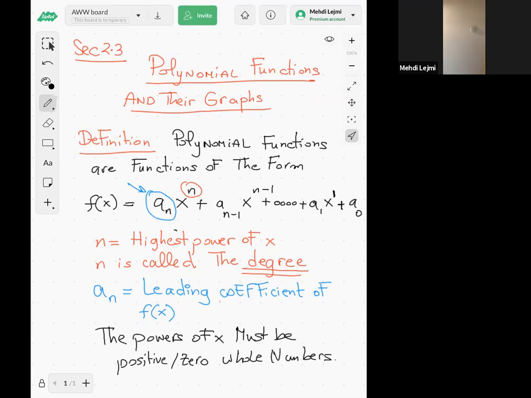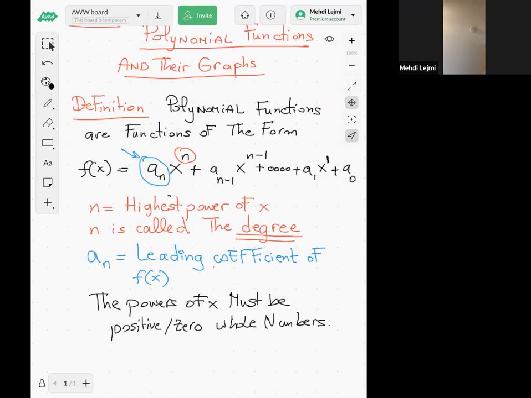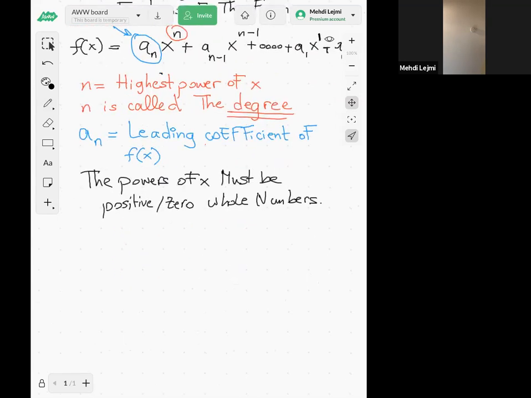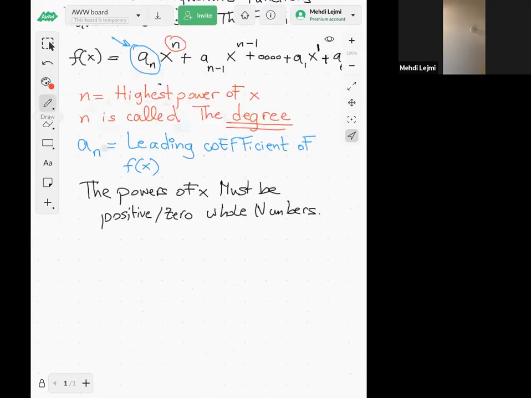Okay, so for example, first example: let's say you have f of x equals negative 7 x to the power 6 minus x to the power 4 plus x cubed minus 2x plus 1.